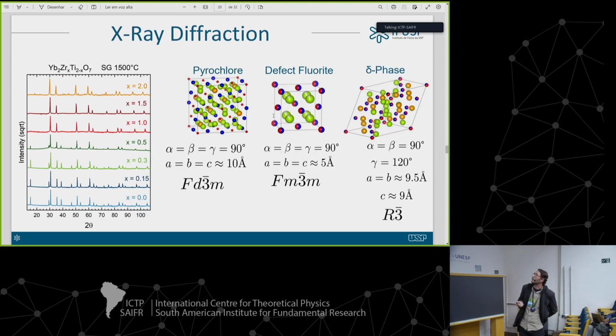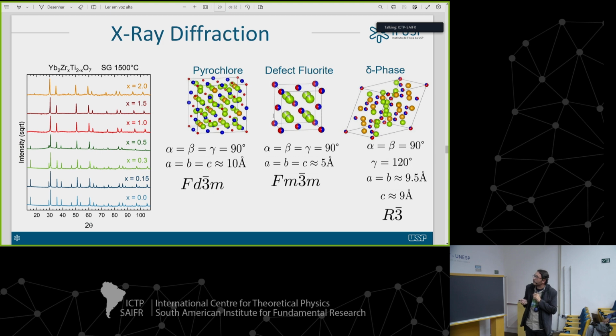Okay, so we made several samples. Here are the X-ray diffraction data, and we could detect different structures in the material. Starting from the pyrochlore lattice, for X equal to 0, we detected the defect fluorite structure, which is similar to the pyrochlore but with just one site for A and B. There's a 50-50% occupation of A and B. So pyrochlore is a superstructure of the defect fluorite.